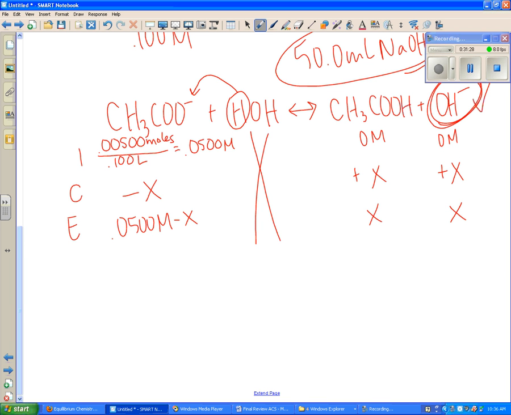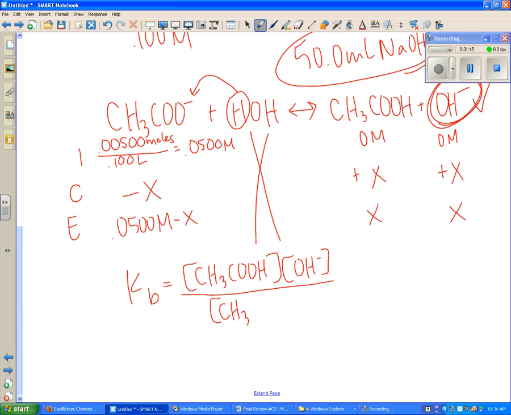Because this is acting as a base, I can write a Kb expression for this. Kb is equal to the concentration of CH3COOH times the concentration of OH minus divided by the concentration of CH3COO minus.